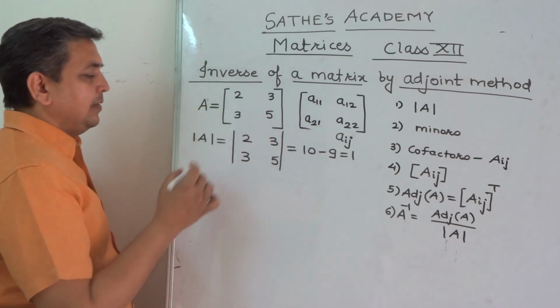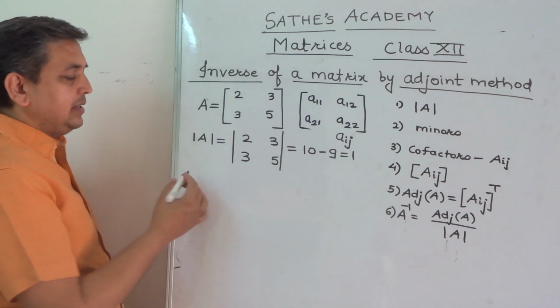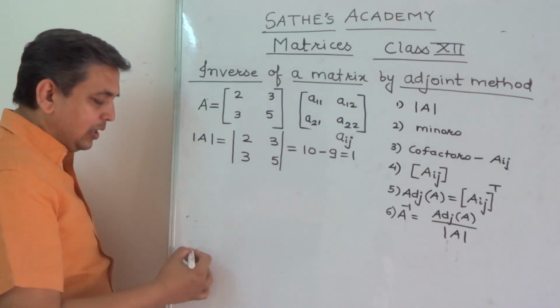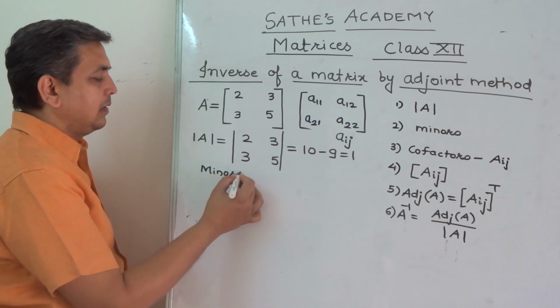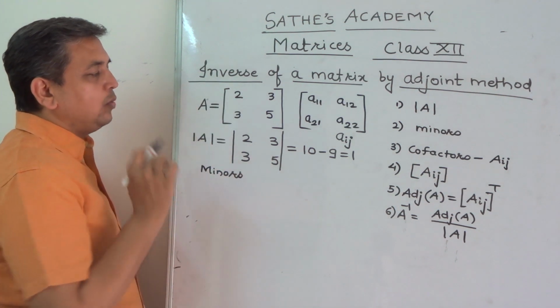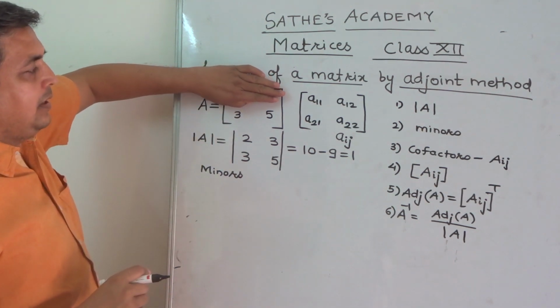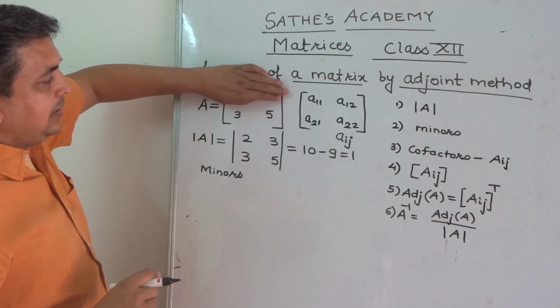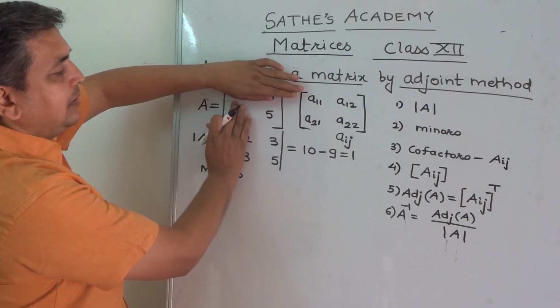Okay, now if there are 4 elements, we should get 4 minors. So we make a column of minors. Minor of this 2. How to find the minor? We omit this row containing 2 and we omit this column.